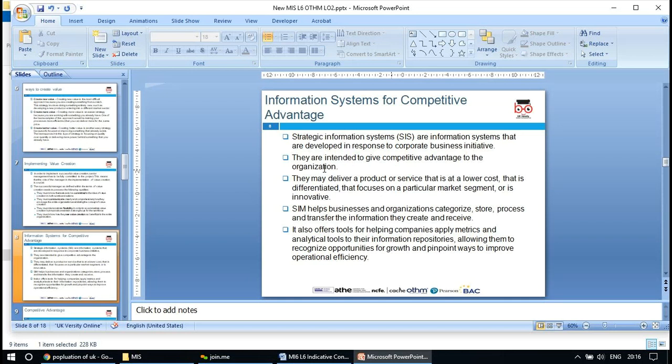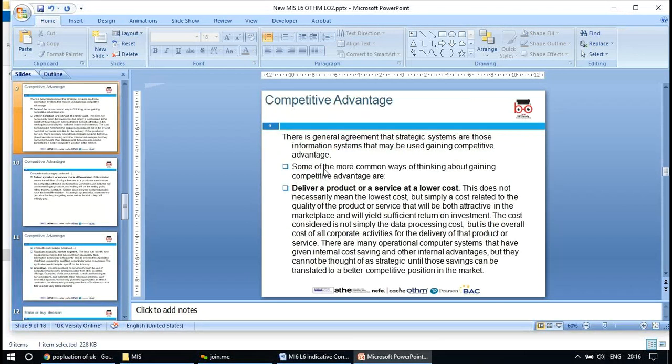So there are four core competitive advantages which are being discussed every time. If you want a competitive advantage, then number one is to deliver a product or service at a lower cost. That is one of the factors of a competitive advantage, isn't it? That's the main one.